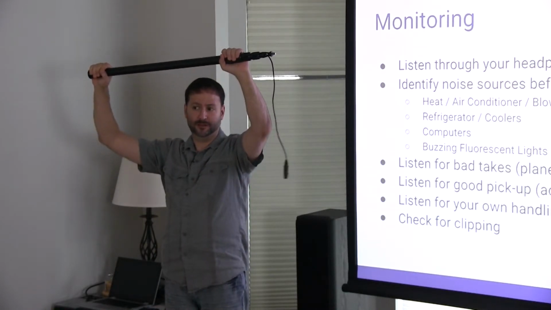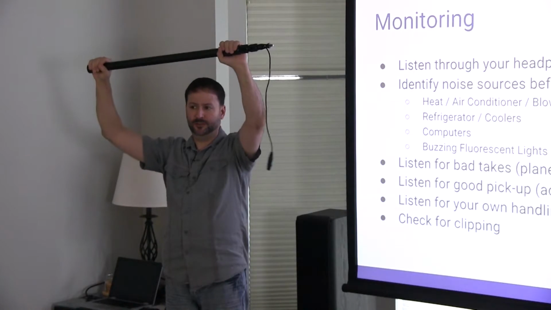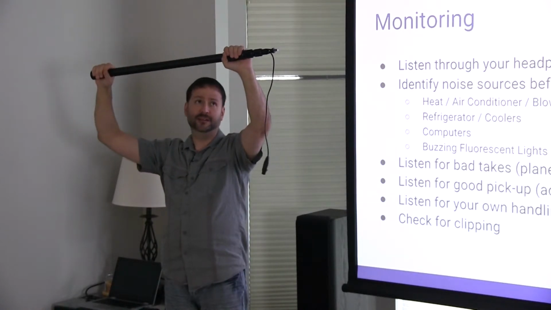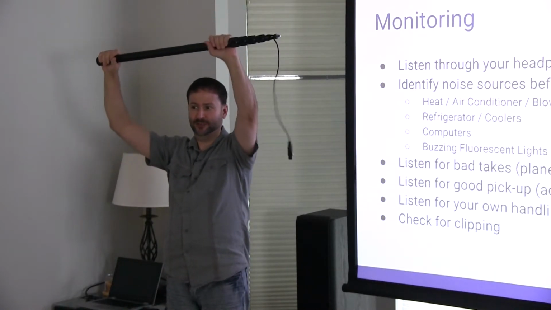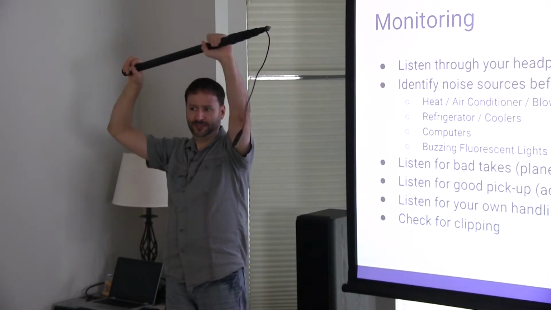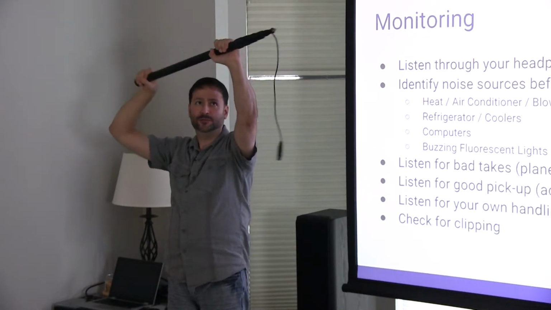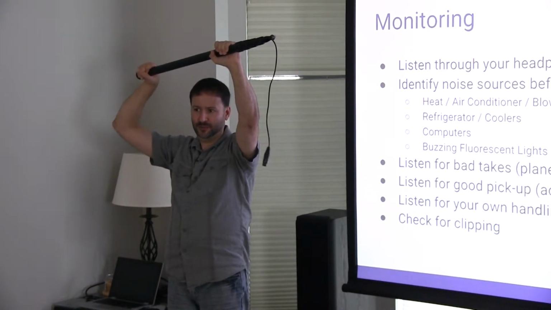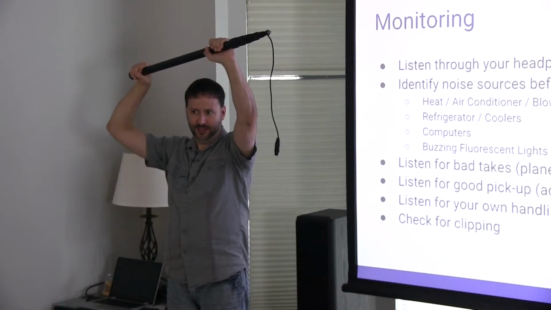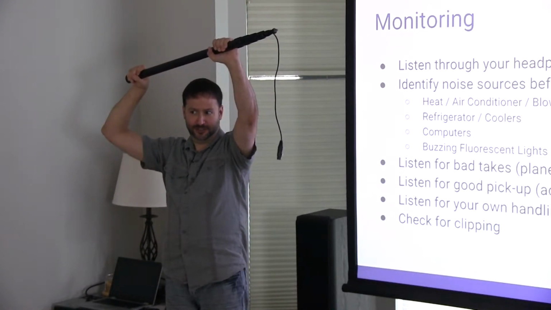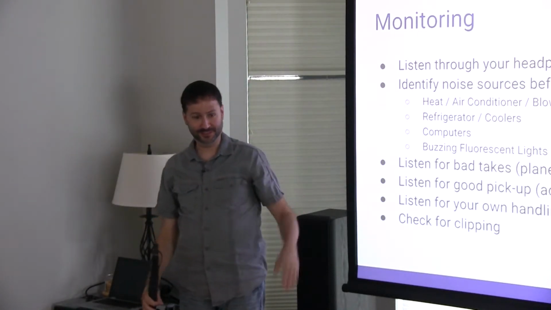So you're going to listen for that, and that's going to teach you habits of not moving your hands during the take. I mean, you have to move at some point, but while you're recording, you're going to move in a way that doesn't make your hands move and stuff on the boom. And you'll know when you're doing it wrong because you'll hear it, but only if you're listening.